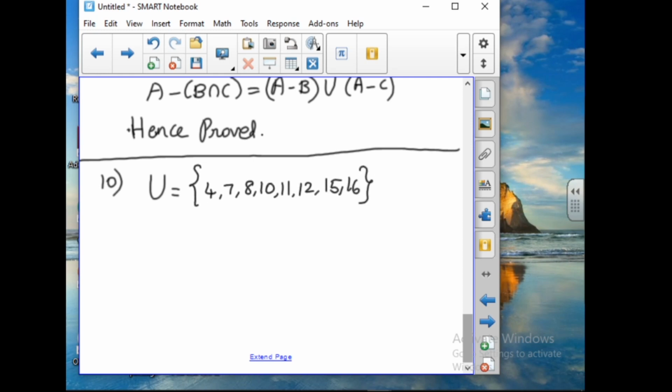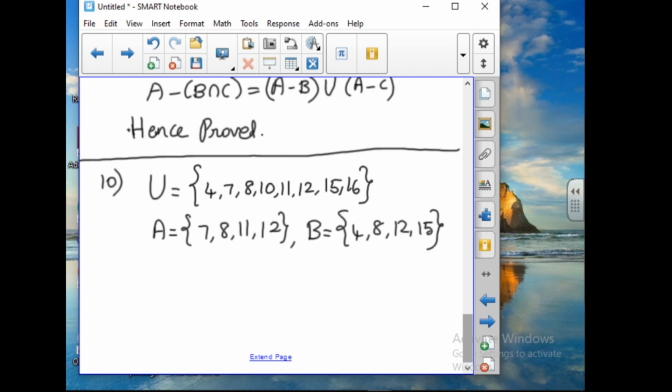Then A is equal to 7, 8, 11, 12. Then B is equal to 4, 8, 12, 15. So then verify De Morgan's laws for complementation.